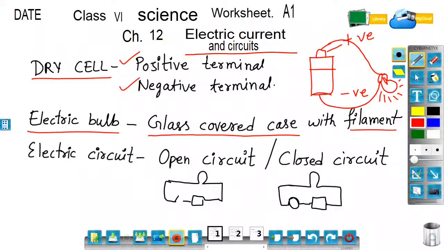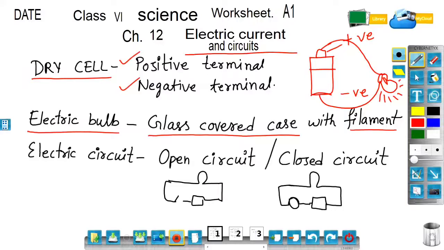The filament gets heated and glows, so the bulb produces light and heat. But if the filament is broken inside, it is said to be fused. That means it is a fused bulb.